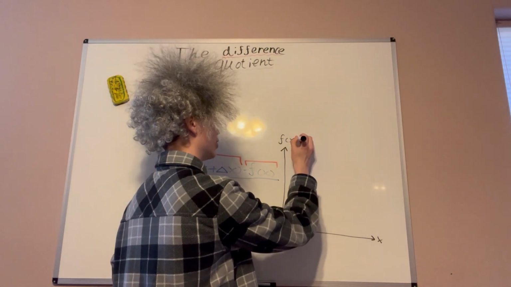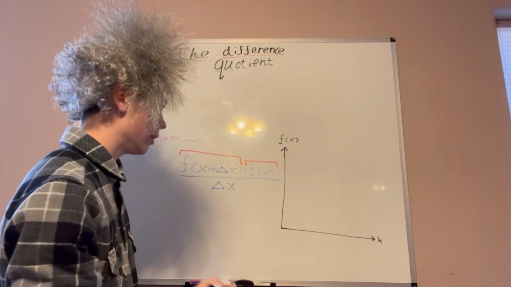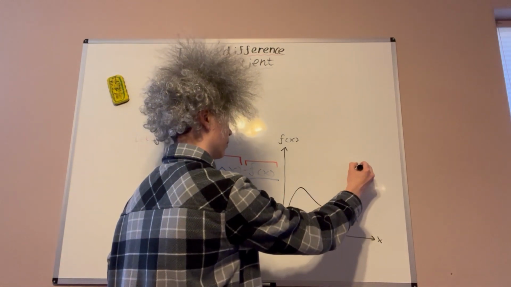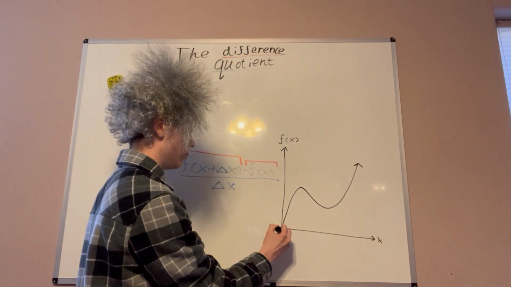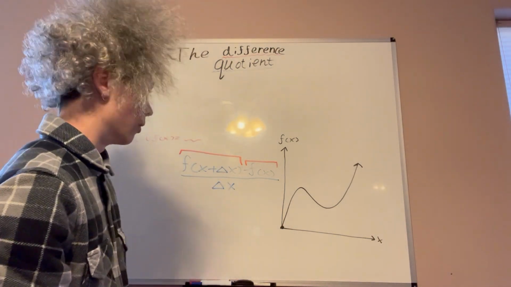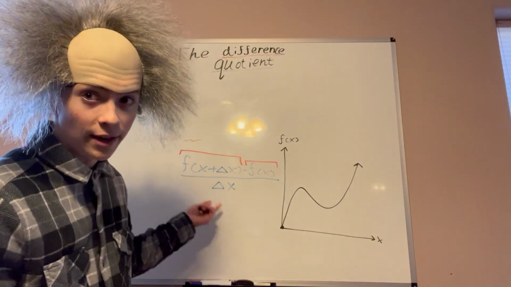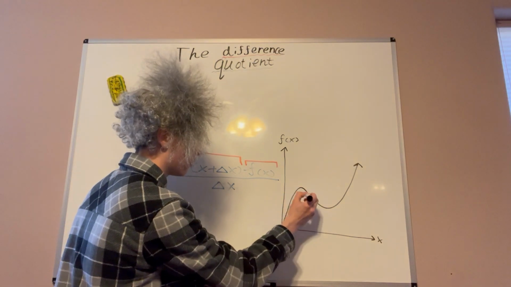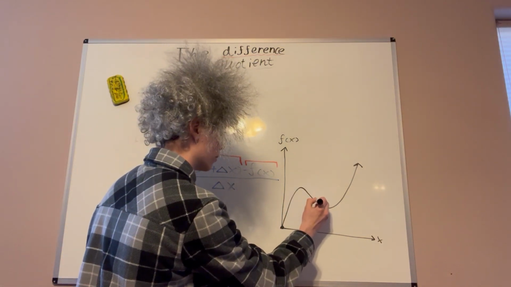Okay, a function of x. I'll draw a pretty basic curve here, just in the first quadrant. So x really just describes any input value. I'm just going to choose, how about here?